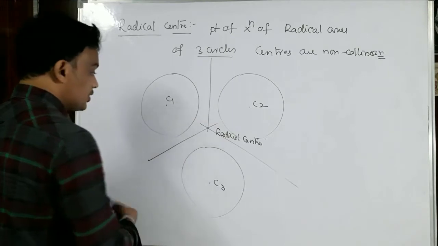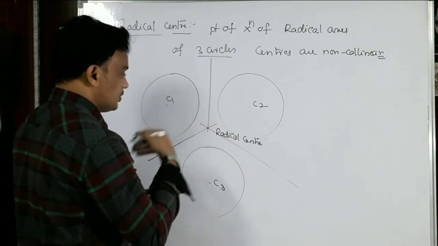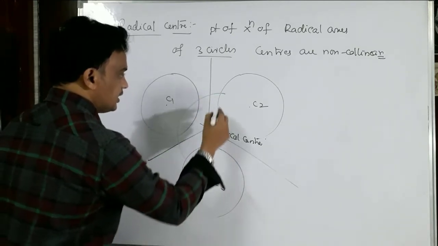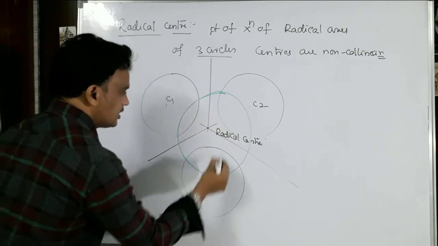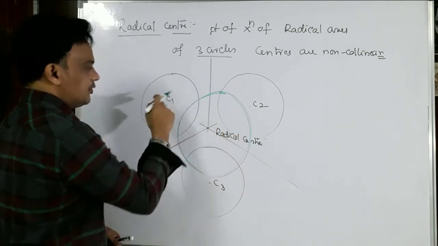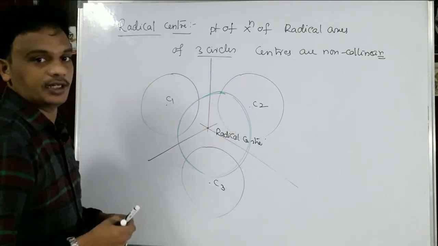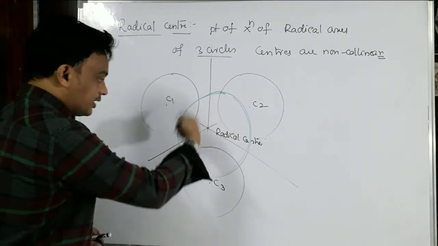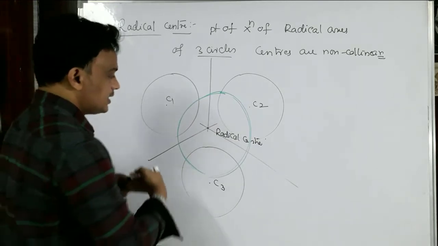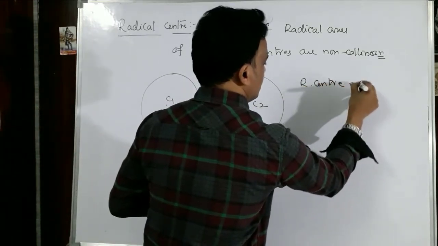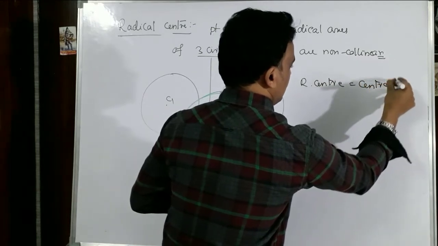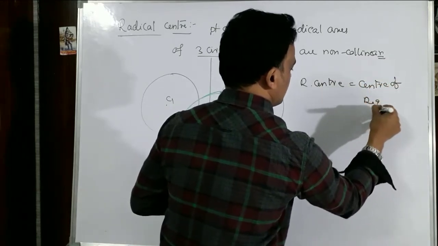Very important condition. There is one more circle which intersects the three circles orthogonally. What is the condition for this one? Which intersects the first circle, second circle and the third circle orthogonally. For that circle, the radical center is the center of the required circle.